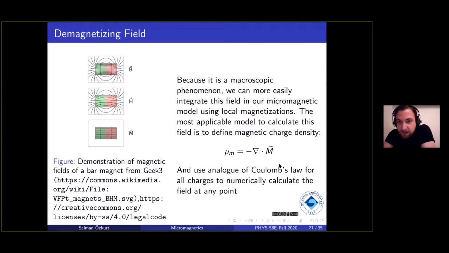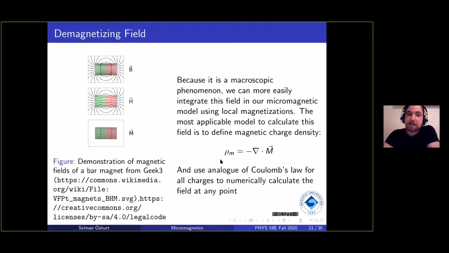This is an easy thing to do, but then when we find the distribution of magnetic charges in the volume, and problematically at the surfaces, because at the surface this volume density goes to infinity and there forms a finite surface density of charges, the boundary conditions are another problem.